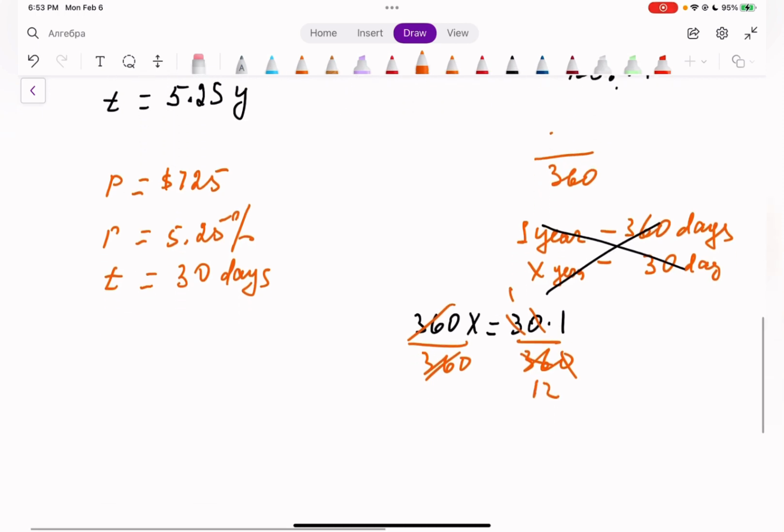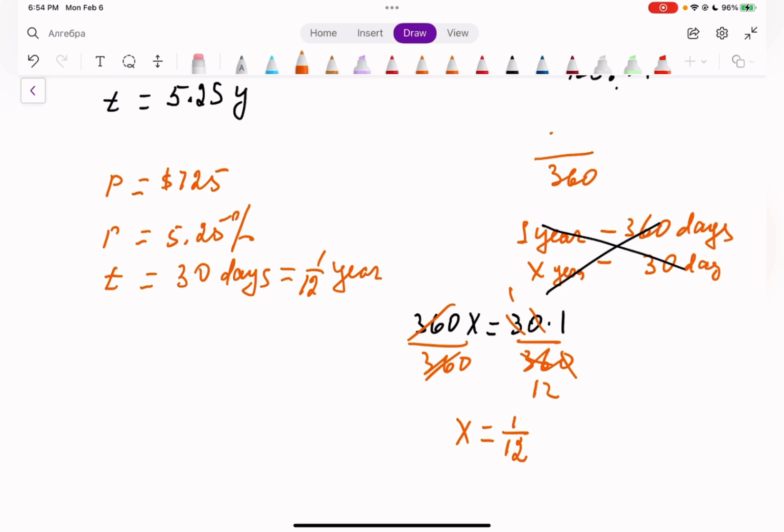So my X is going to be 1 over 12. Because there are 12 months, 1 month is 1 over 12 of the year.